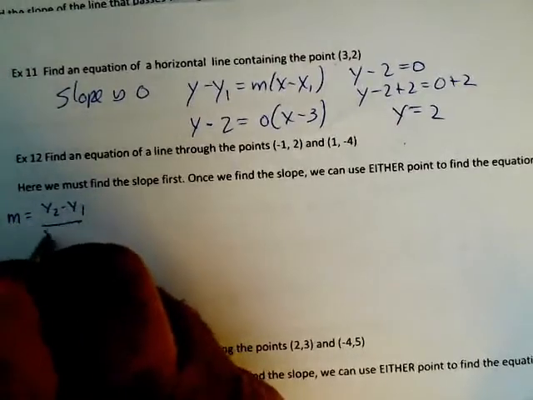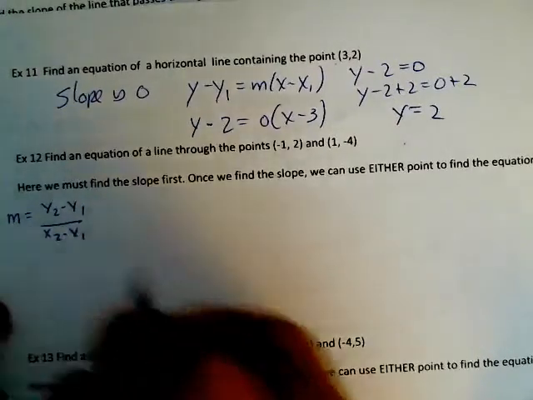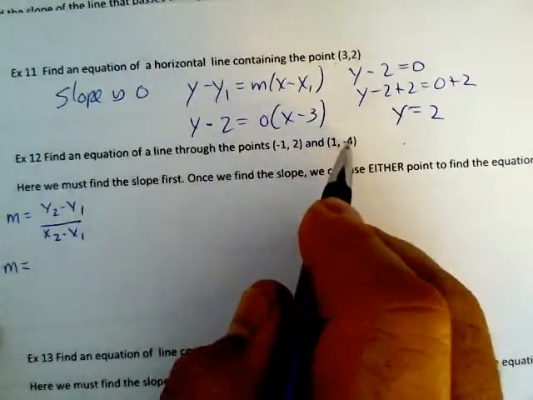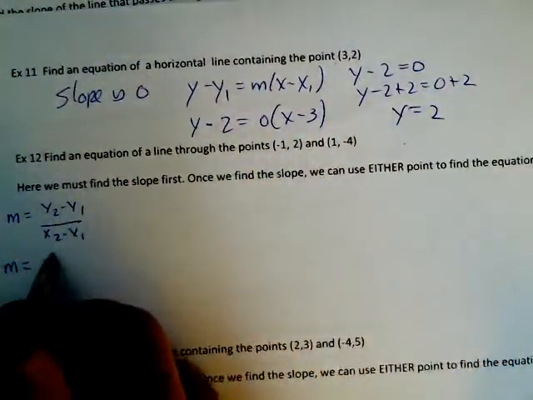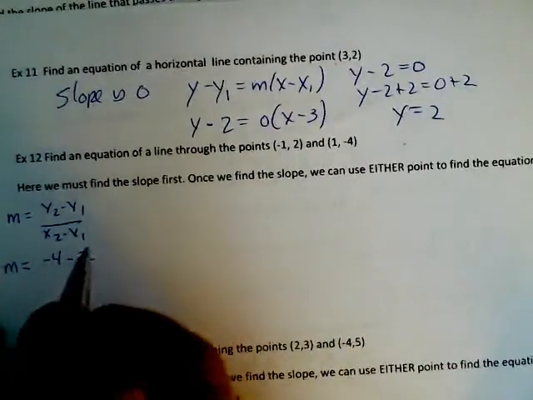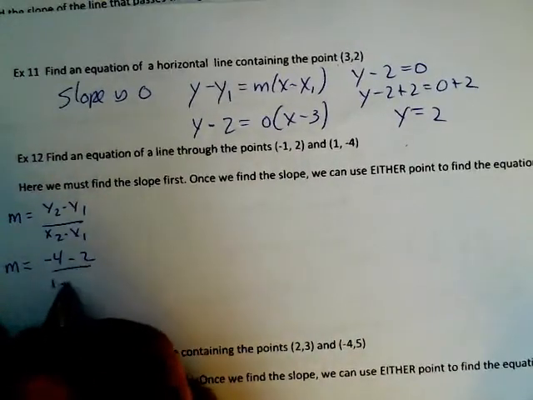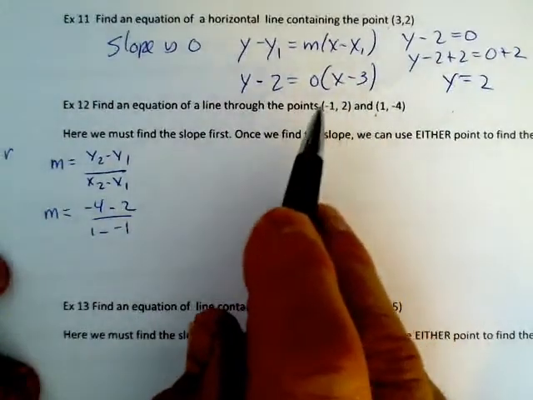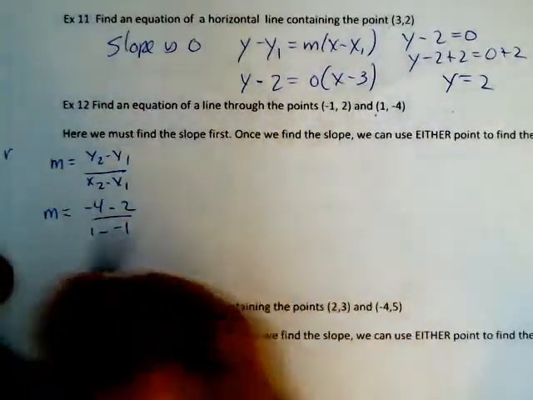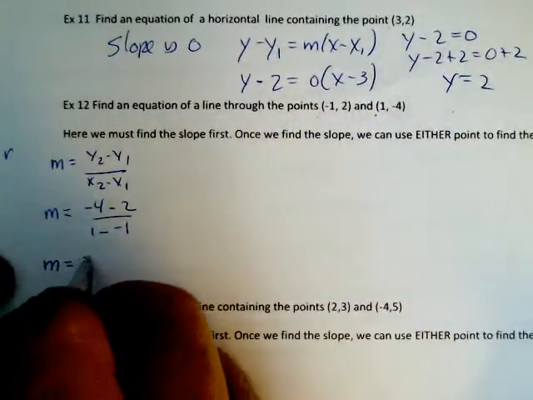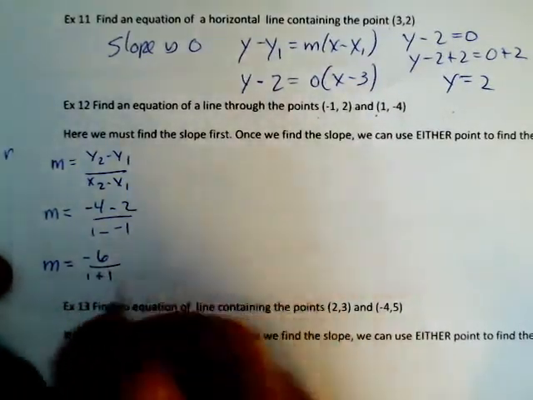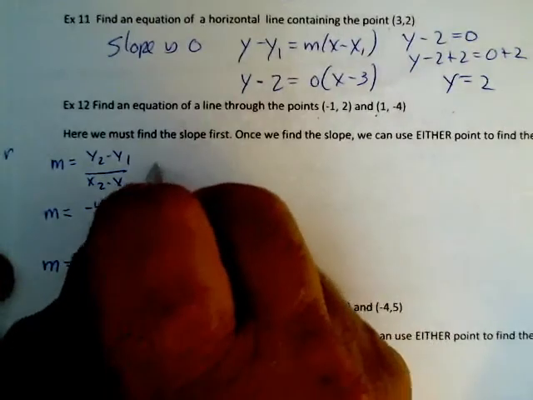So I'm going to use my slope formula. Remember, difference in my y's, so -4 minus 2. And be careful here with your signs, because this is 1 minus -1, which actually turns into 1 plus 1.